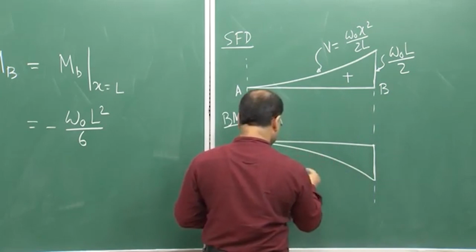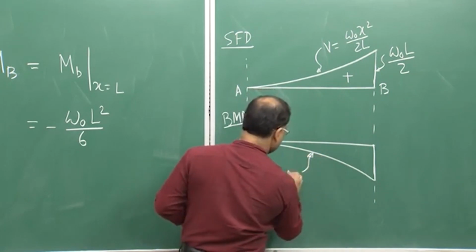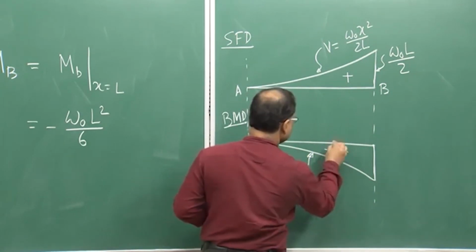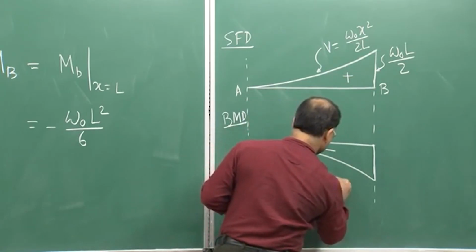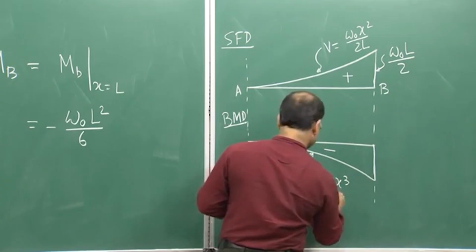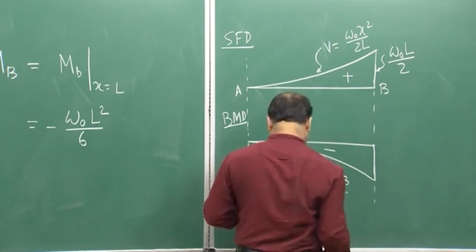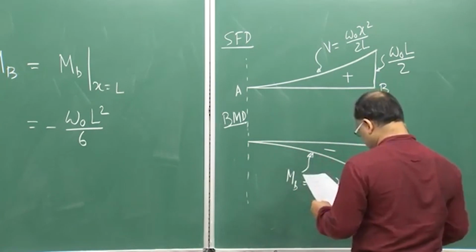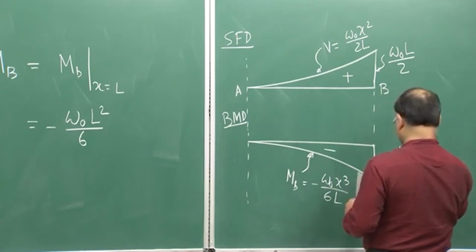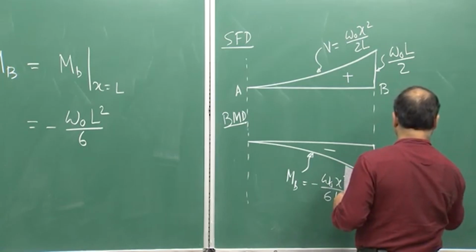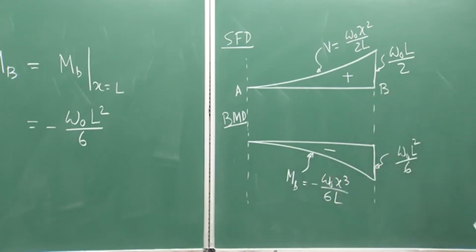This is the cubic curve, M equal to minus W naught x cube by 6 L, and here this is your MB, that is W naught L square by 6, negative. This is your bending moment diagram.